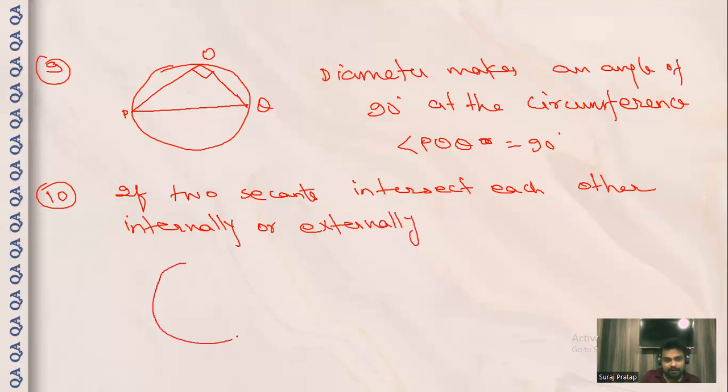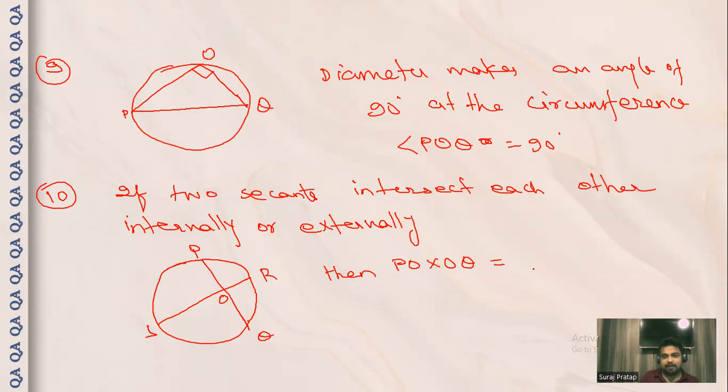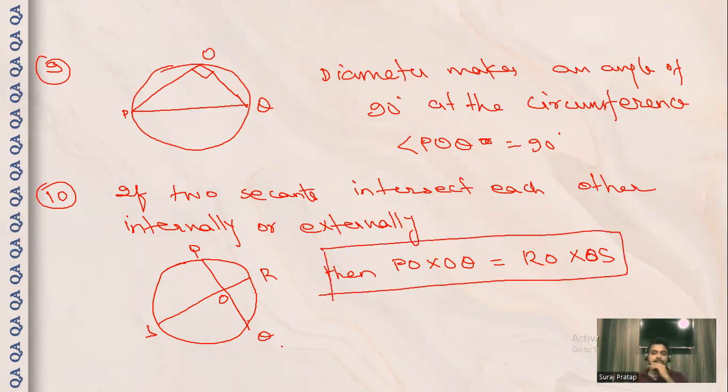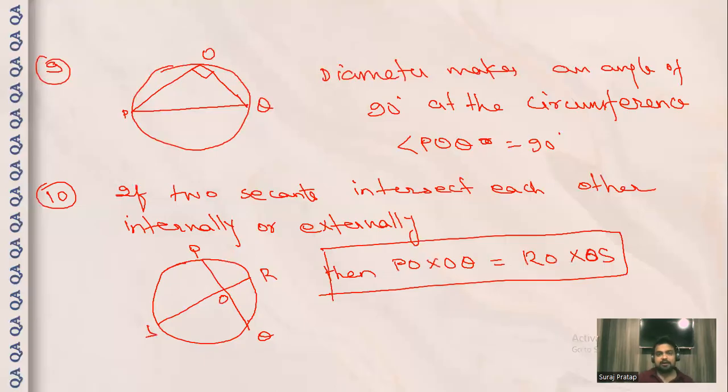So by that what I mean is, let's say this is one secant, this is another secant, okay, and this is P, Q, R, S, O, then PO into OQ will be equal to RO into OS. Right?